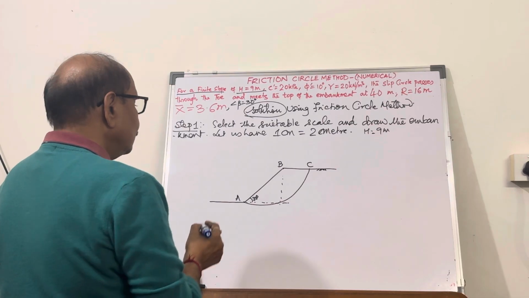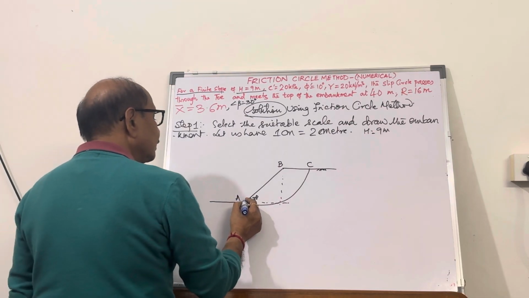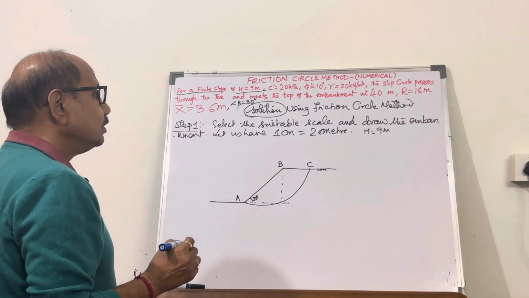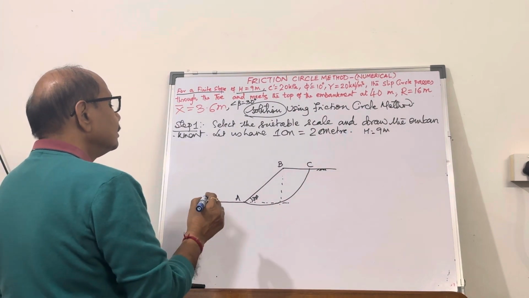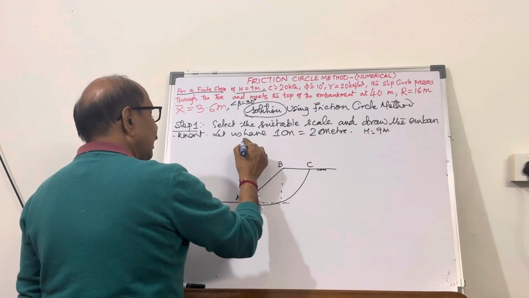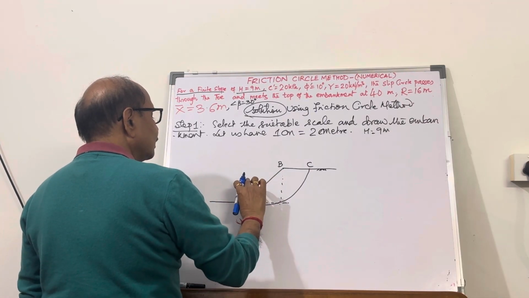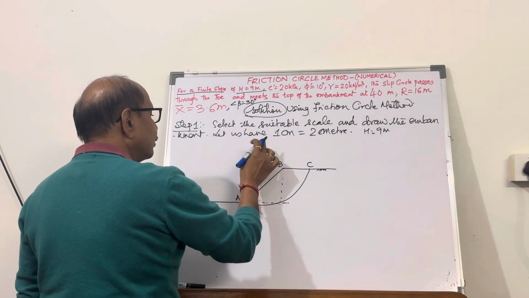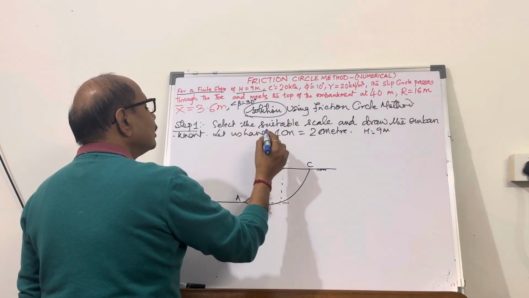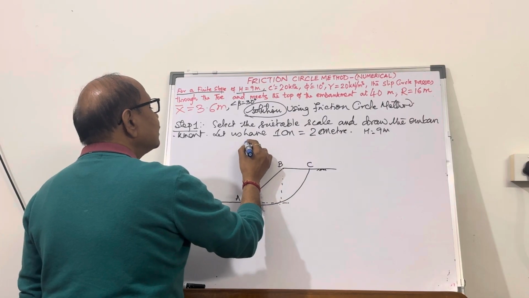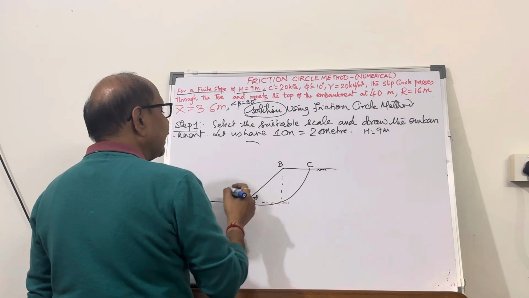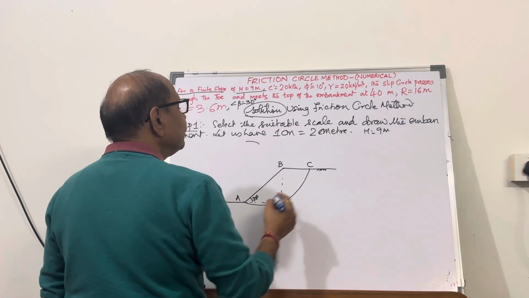So here you can make use of the compass, and keeping one end at A, you can draw an arc of 16 meter radius.